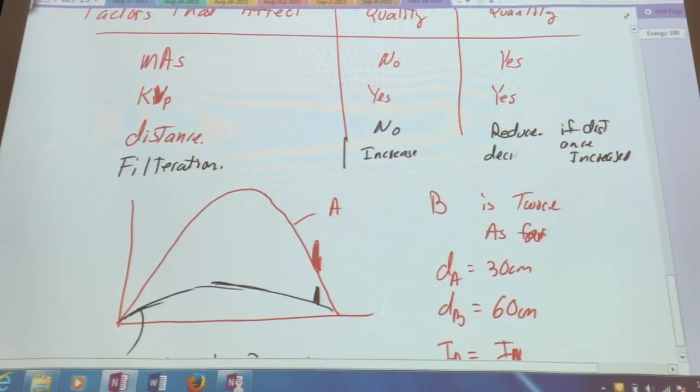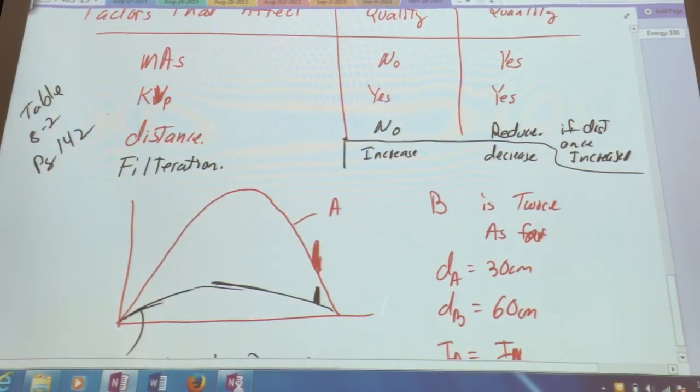So this is table 8-2 on page 142. Those are your important factors. And you should have some idea of graphs that would represent those changes.